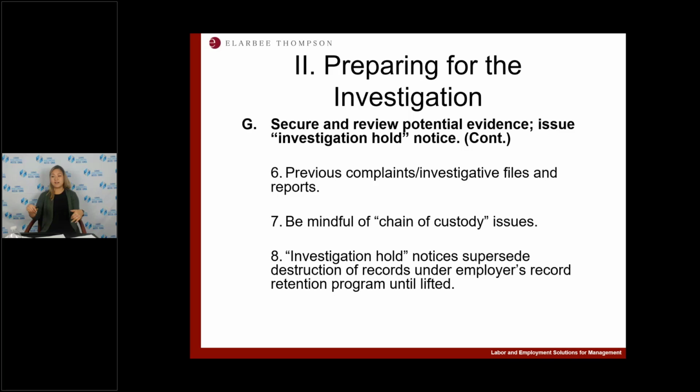So it's just better to have the least number of people touching things, to get it from the source, and to make sure that you have it secured in some way, because it just locks everything down.